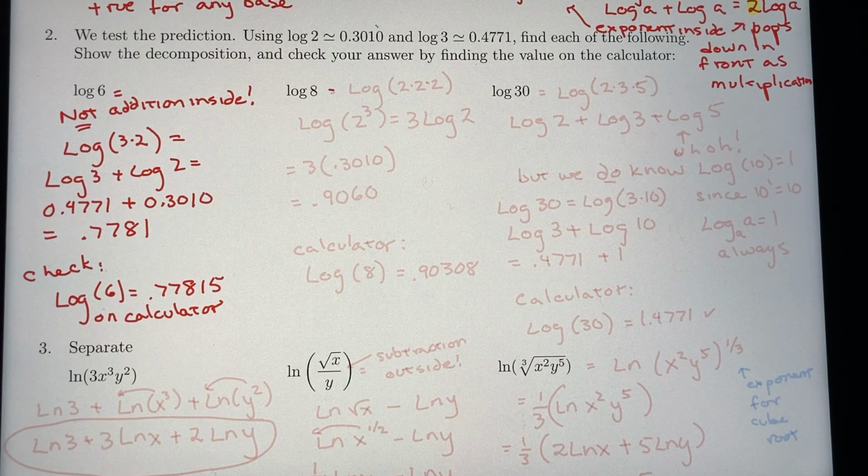What about log of 8? Well, just like 2 squared splits up into 2 times 2 and then splits up into adding 2 separate logs, log of 2 cubed turns into 3 log 2.